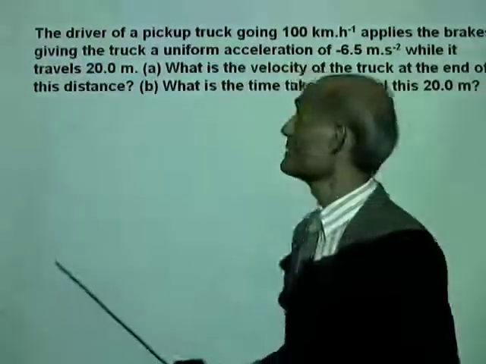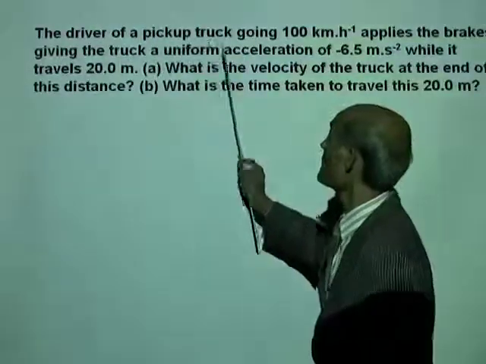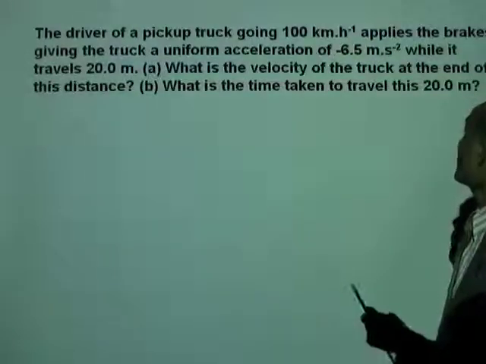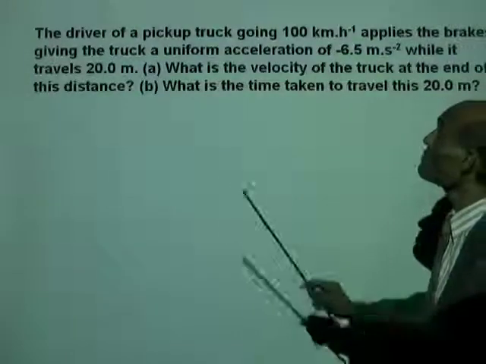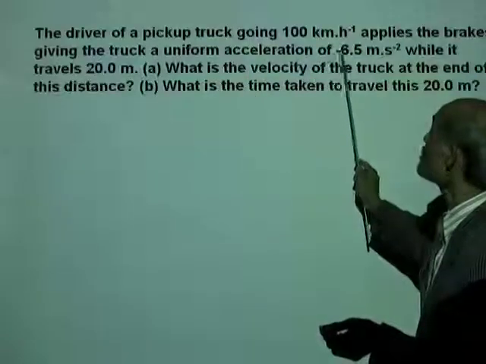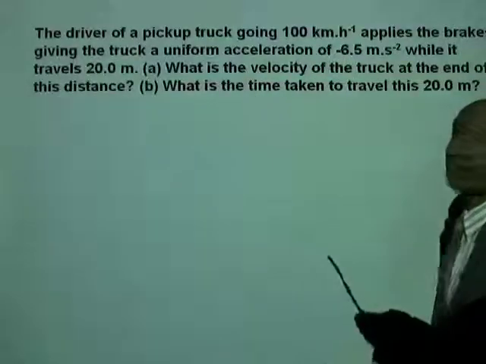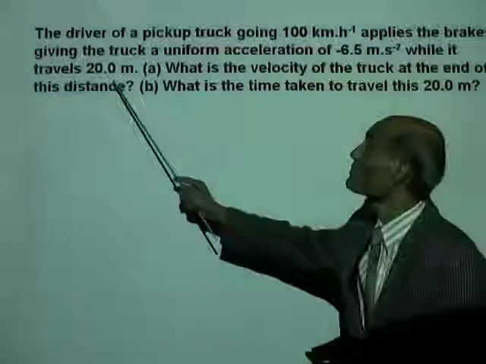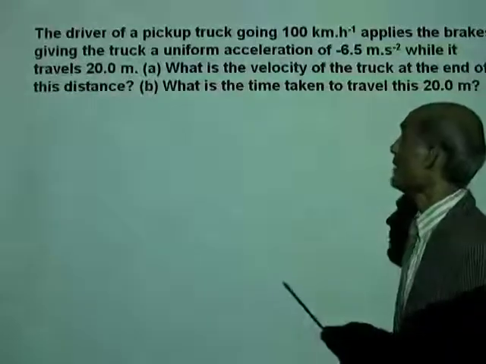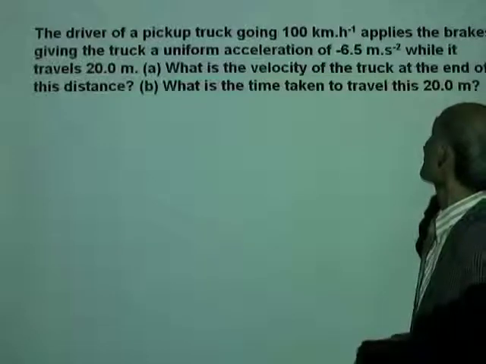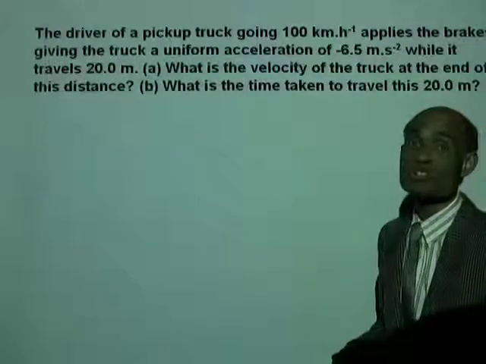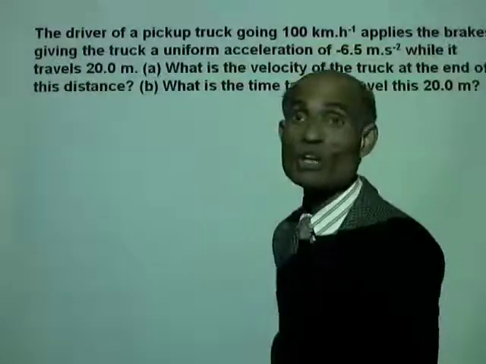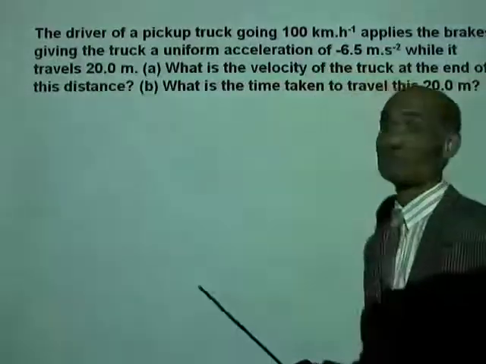Another problem. The driver of a pickup truck going 100 km per hour applies the brakes, giving the truck a uniform acceleration of negative 6.5 meter per second squared while it travels 20 meters. What is the velocity of the truck at the end of this distance? What is the time taken to travel this 20 meters?